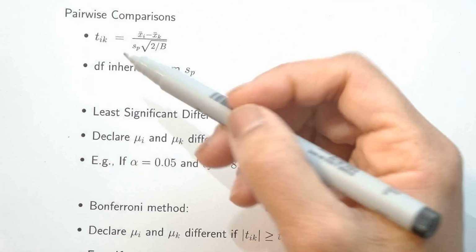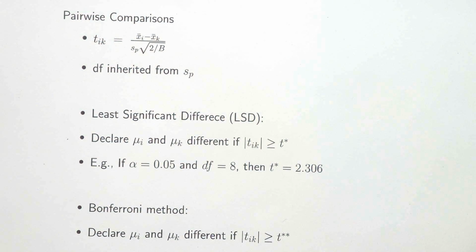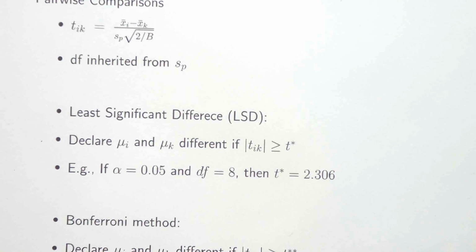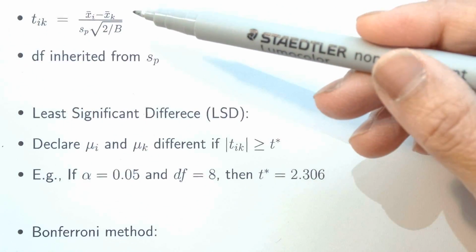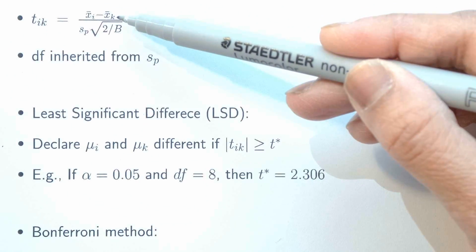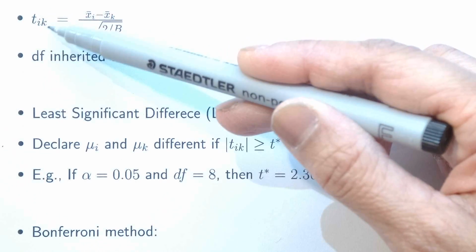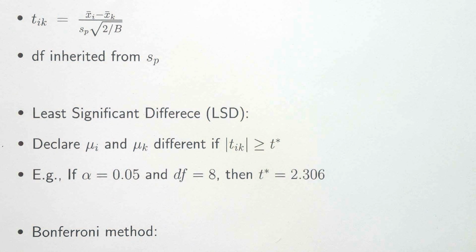So T_IK is to denote the particular contrast we're doing. If you note here, I'm going to make this a little bit bigger, T_IK is equal to X bar I minus X bar K. So IK is telling us the direction of the contrast that's going to be made and which two treatment means are going to be compared.